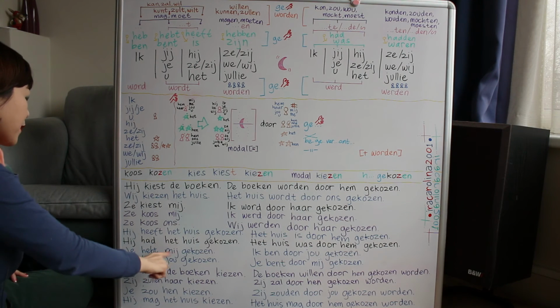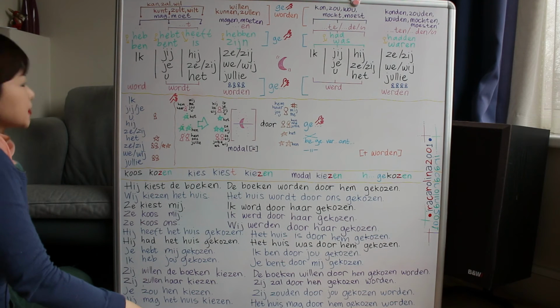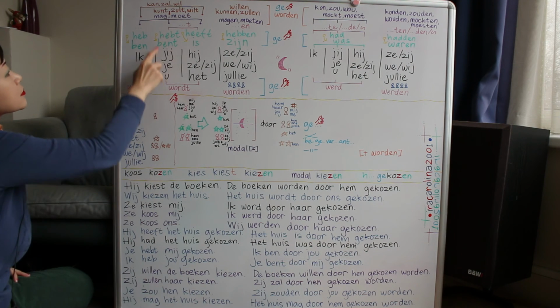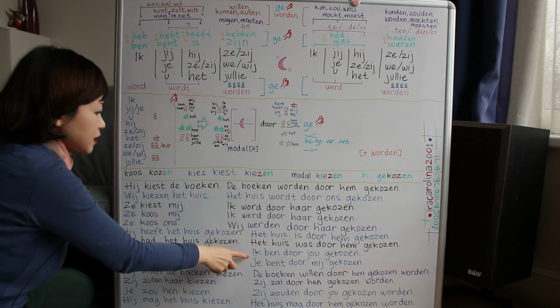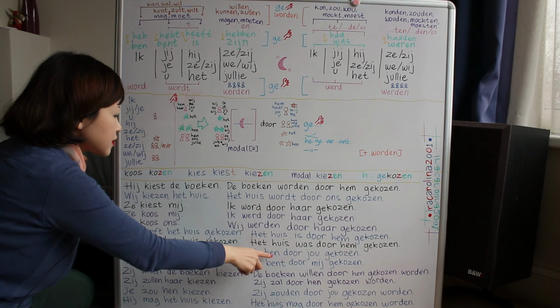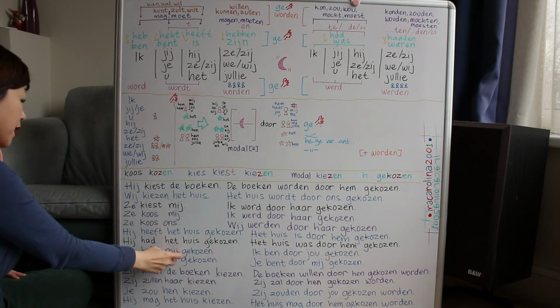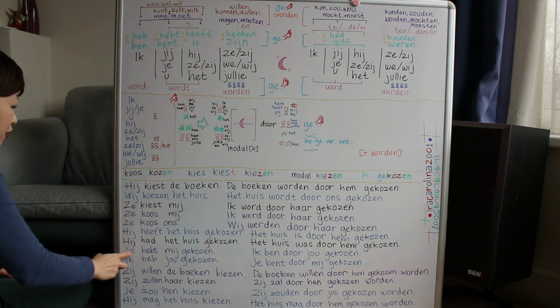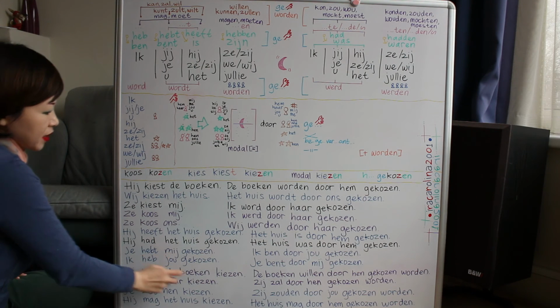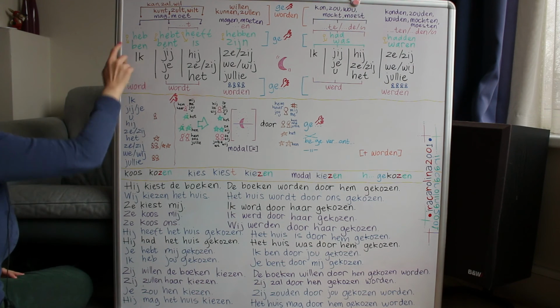Je hebt mij gekozen. Je hebt. Passive: Ik ben door jou gekozen. Mij, it becomes ik. It was hebt because it was with you. The mij becomes subject, and it becomes ben.